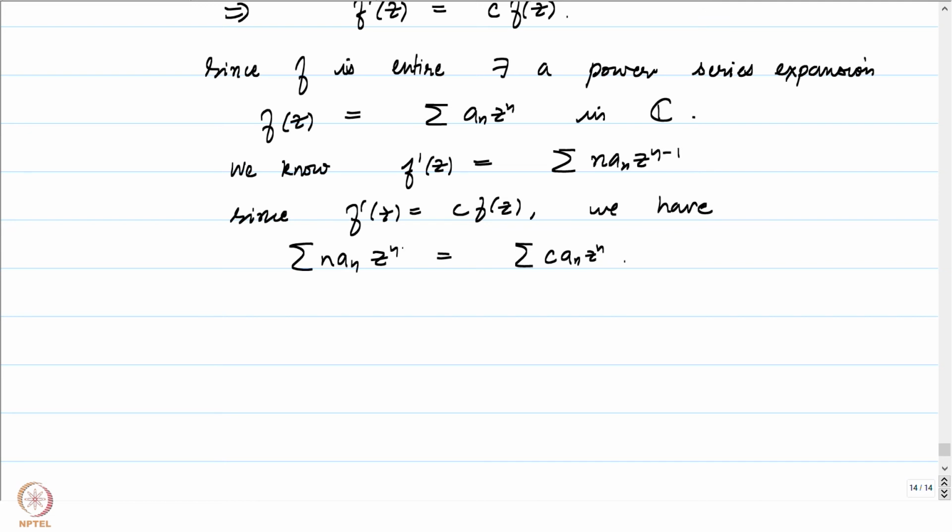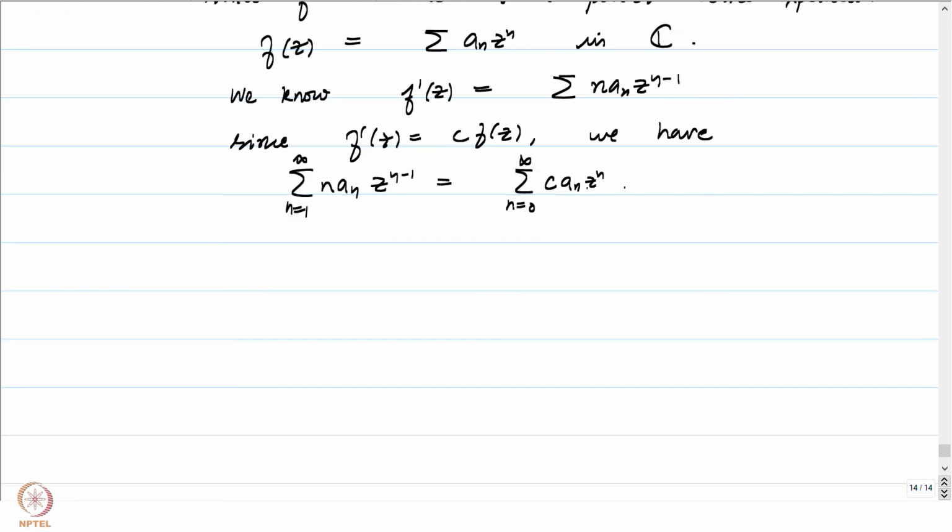I am sorry, there is a slight mistake, so let me be a little careful. This is from 1 to infinity. By equating coefficients, we have C times a_0 is going to be equal to 1 times a_1, which is a_1. C times a_1 will be equal to the coefficient of z to the power 1 here, which is going to be 2 a_2, and so on.